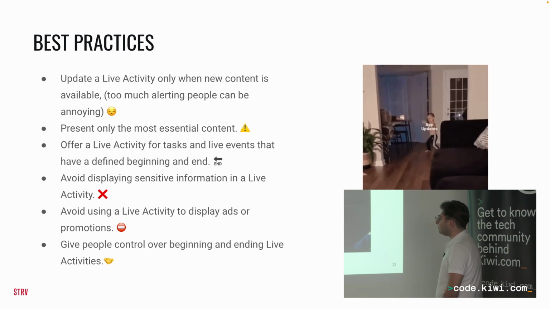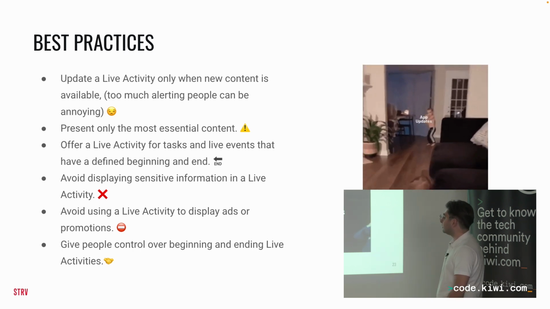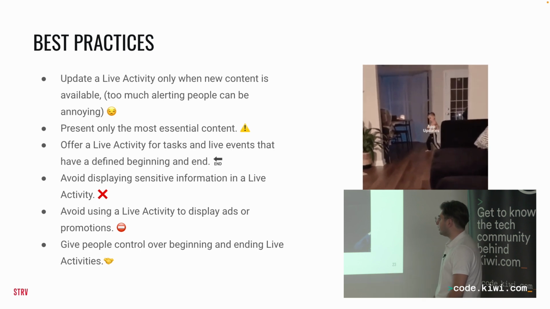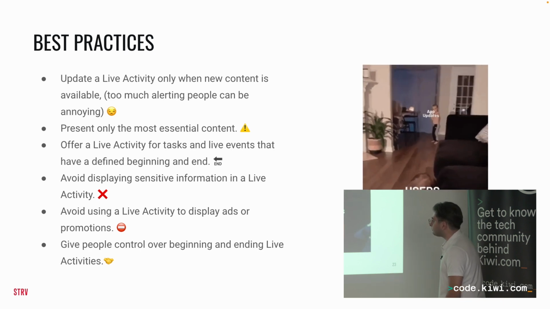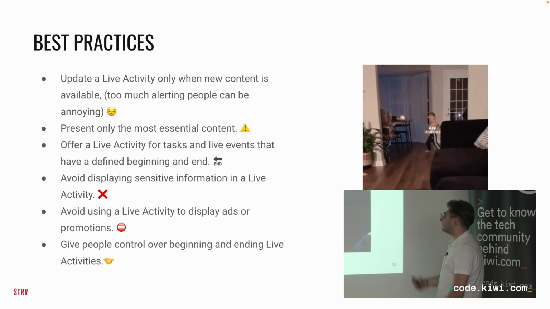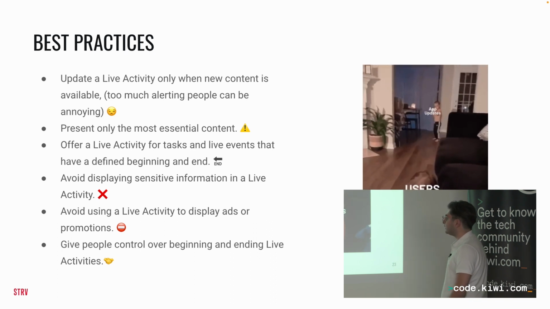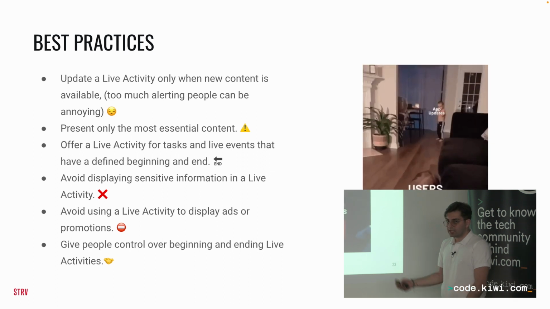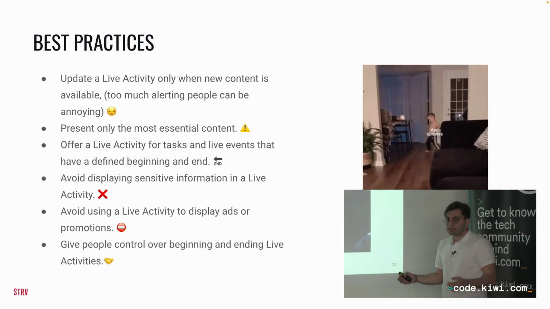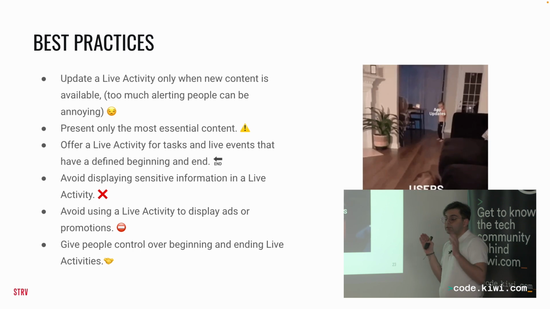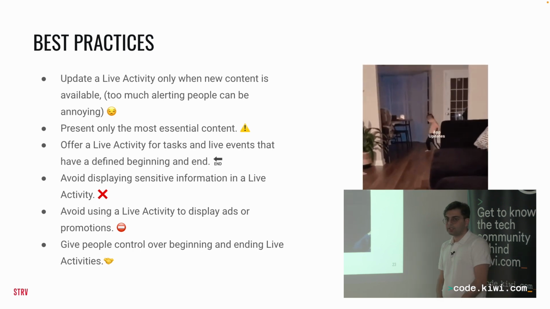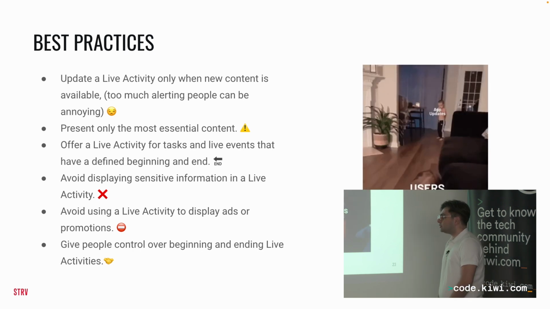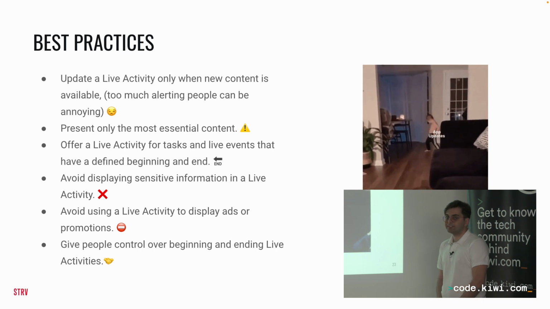And as I mentioned, the most essential content should be sent there. And offer the live activity for tasks and live events that have a defined beginning and end. Again, like this case, since they are temporary in the system, we need to have them temporarily defined.